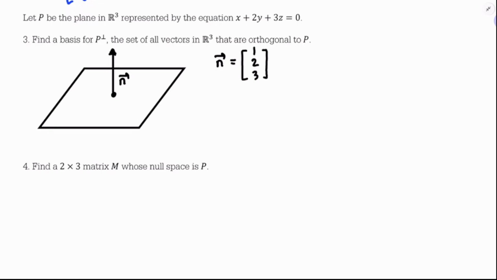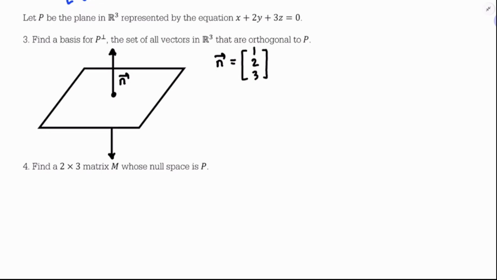Okay, and I told you in class that the only way in R3 that you can have an orthogonal subspace to a plane is by having a line. Two planes can't be orthogonal in R3 because R3 doesn't have quite enough dimension. Let me get that to be a straight line real quick. Okay, that's going to be good enough.